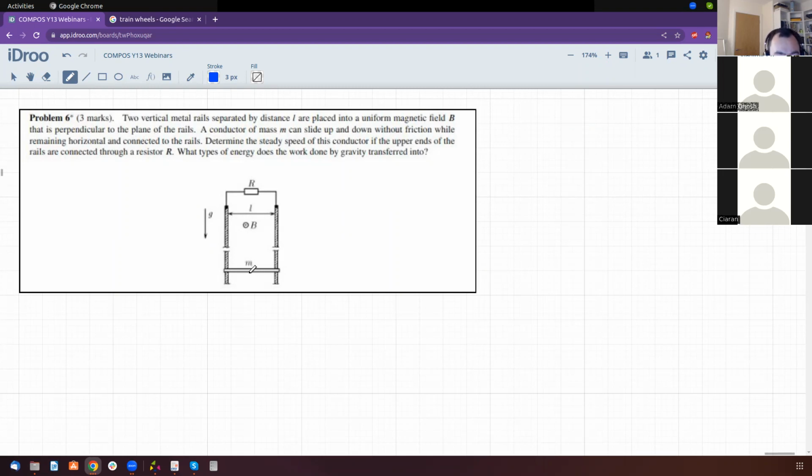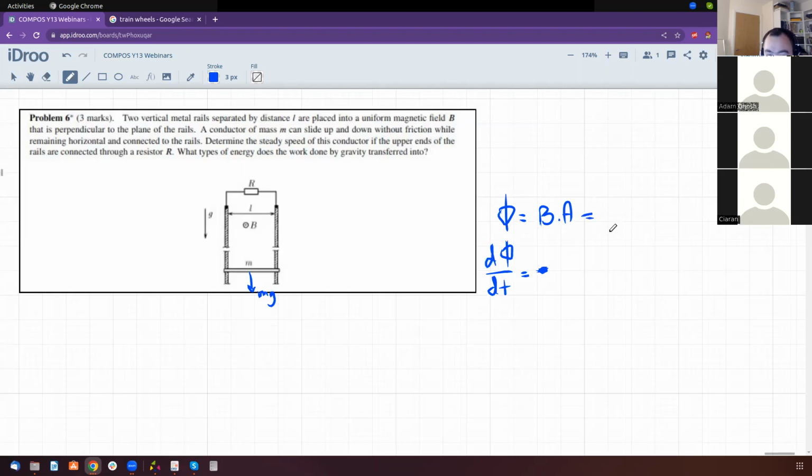Anyways, as the bar slides down under gravity, the gravitational force mg, the flux is increasing. So the flux is equal to B times area. Yeah, flux is B times area. So the change of flux, d phi dt, is equal to minus. I always put minus just for the sake of it, but in most cases it doesn't make any difference.